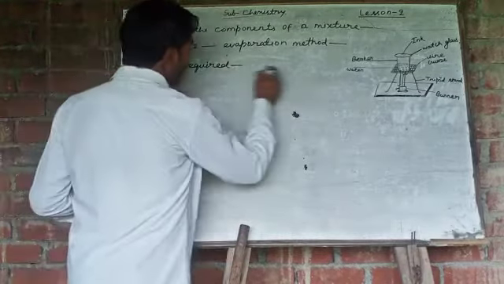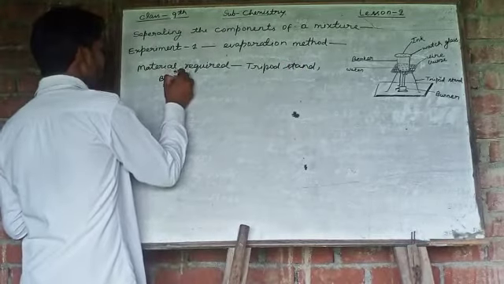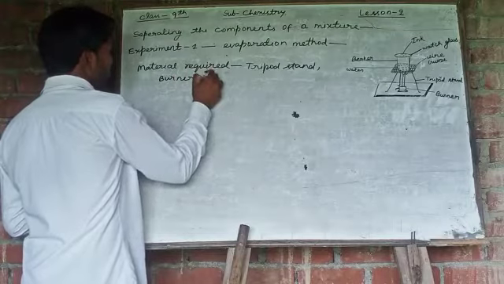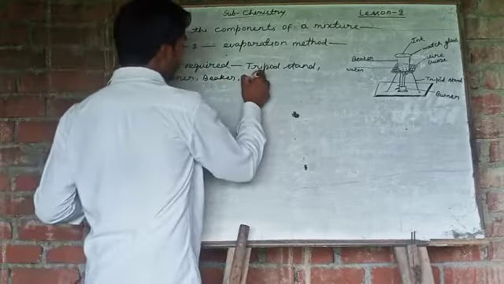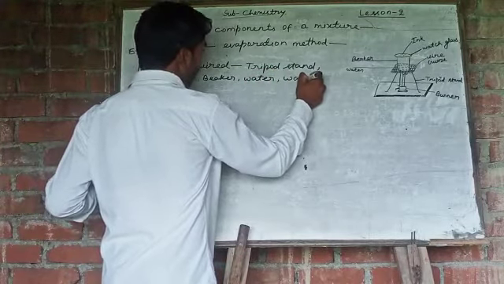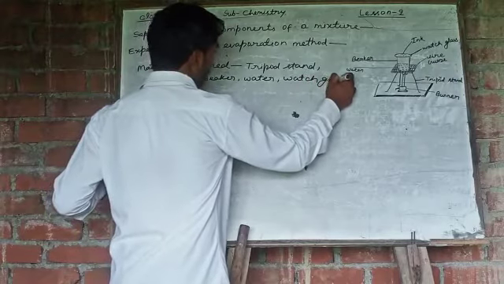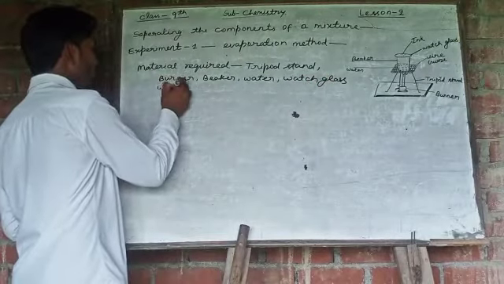You can see here: tripod stand, burner, beaker, water, watch glass, wire gauze, and ink.